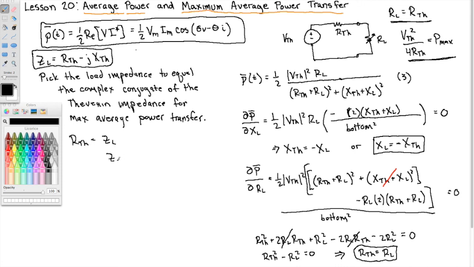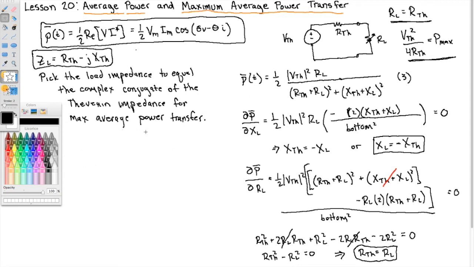In this case, it's the same, right? So if the Thevenin impedance is purely real, then our load impedance is to match the Thevenin impedance, and that is the result that we had prior. But that's a general case.